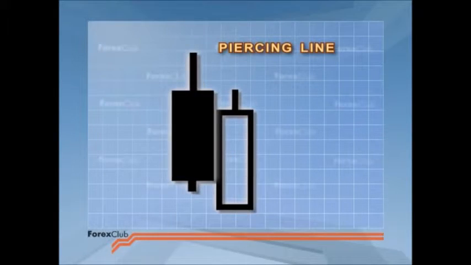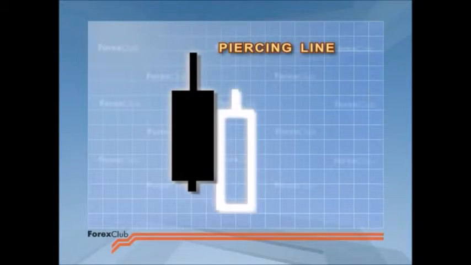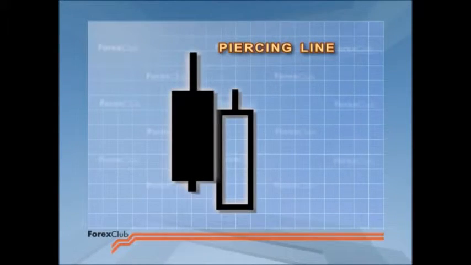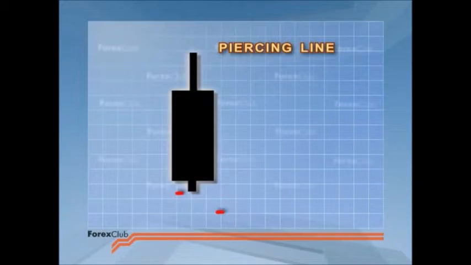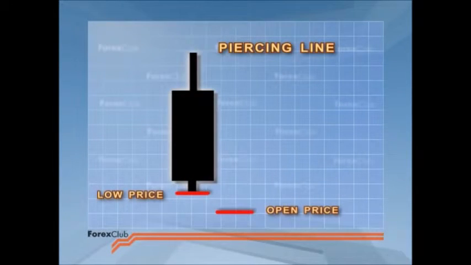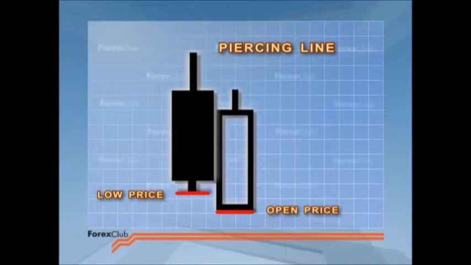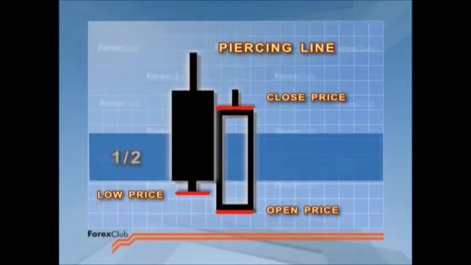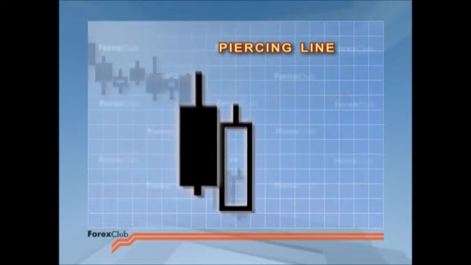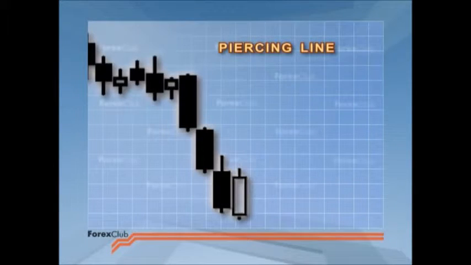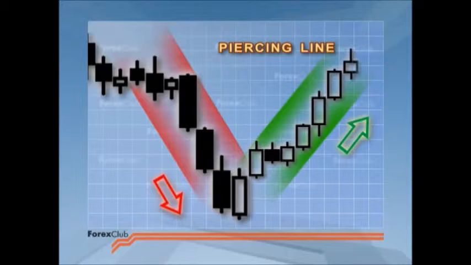The white candle opens below the low of the previous black candle. Then price rises, forming a white body which closes above the midpoint of the previous black candle body. Once again, the white body only partially covers the previous black body. The more it covers, the greater the chance of the reversal.